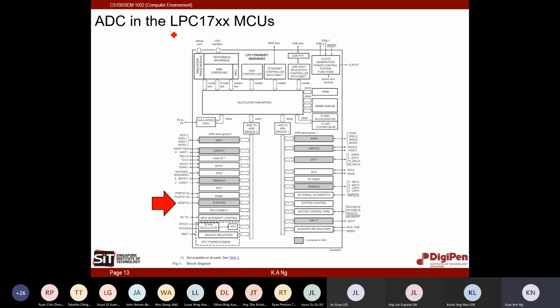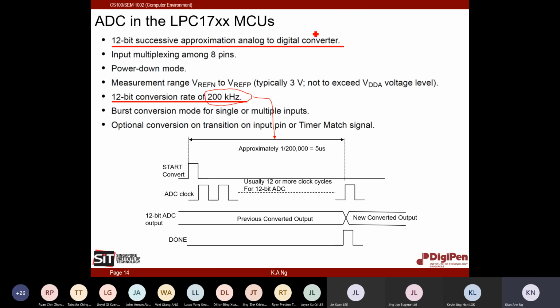For the MCU, we actually have a 12-bit A to D converter on the chip, and this is the specification. It has a long name: successive approximation analog to digital converter. What does it mean?